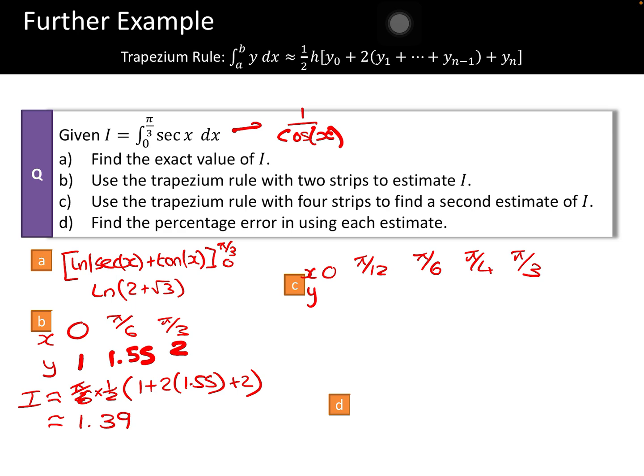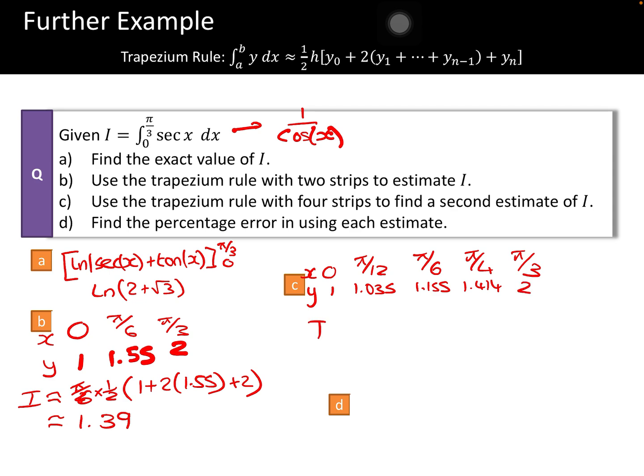That's absolutely fine. We sub in again, so we'll have 1, again use the 1 over cos x instead. So we can have 1, 1.035, 1.155, 1.414, and 2.